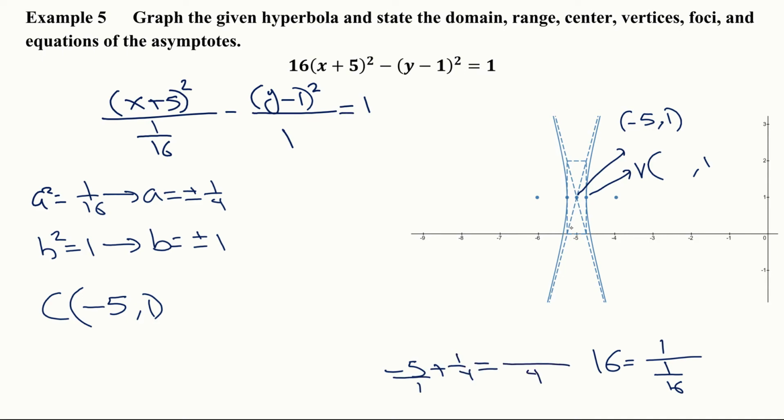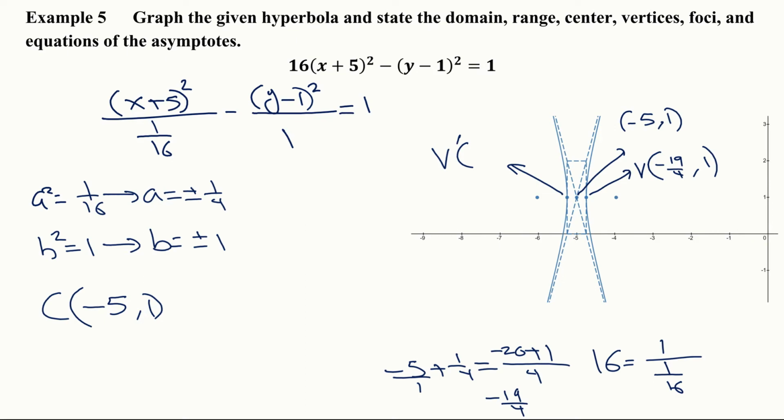So the LCD is 4, 1 times 4, so -5 times 4 is -20, plus the 1 doesn't change, so -19 over 4. So the x value is going to be -19 over 4. There's nothing new or difficult on this one. I just wanted you to see that fractions are no different, and I didn't want you to panic if you see fractions involved.